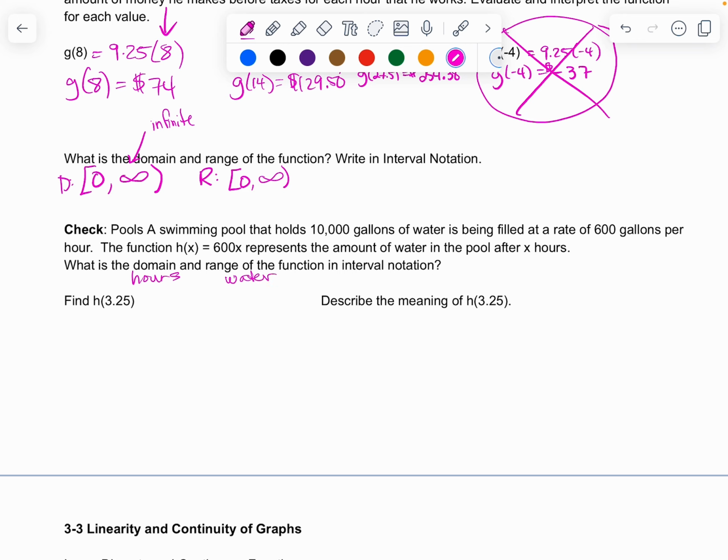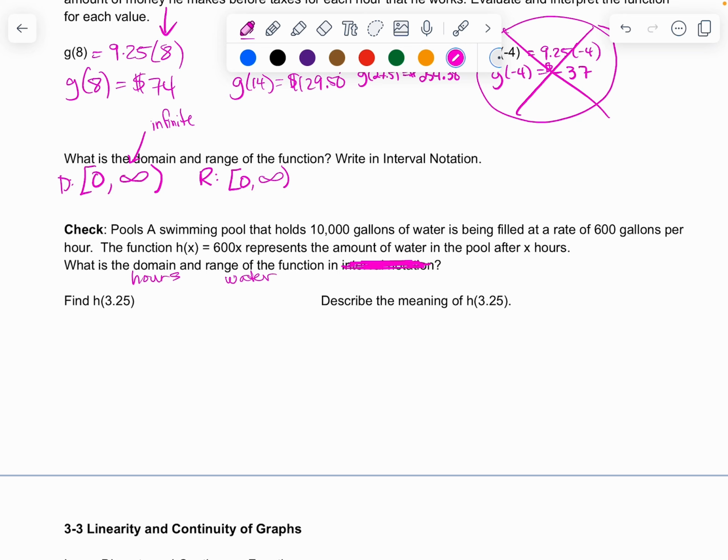Now, on a normal basis, boys and girls, when you're doing this, think about it. Your swimming pool only gets to a certain amount. So what I'm going to say is we're not going to talk about interval notation for this because we don't know how.